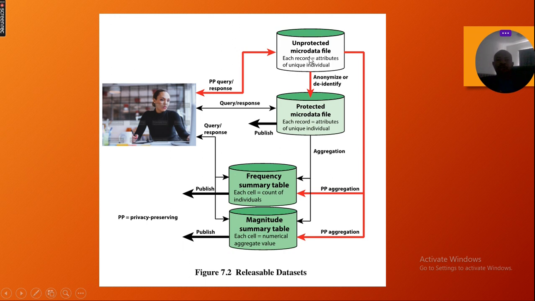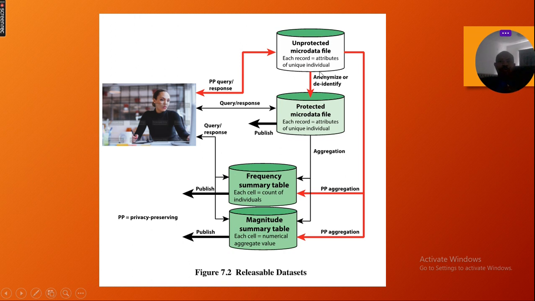If you publish this information as is, let's say in the case of a hospital, everyone will see each individual's name, address, social security number, zip code, and health status, whether they have diabetes, cancer, or whatever, very visibly.